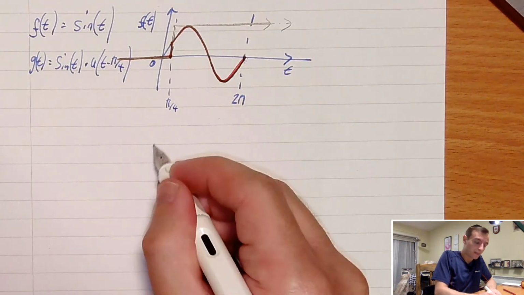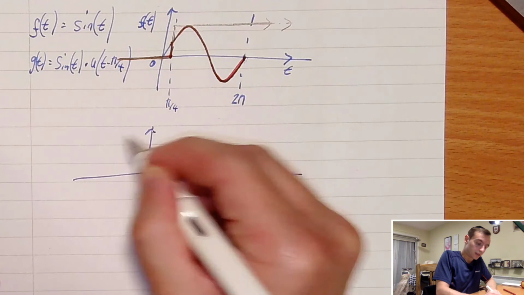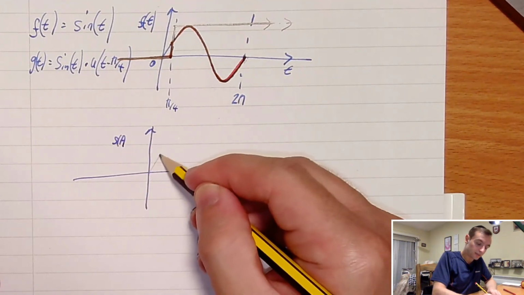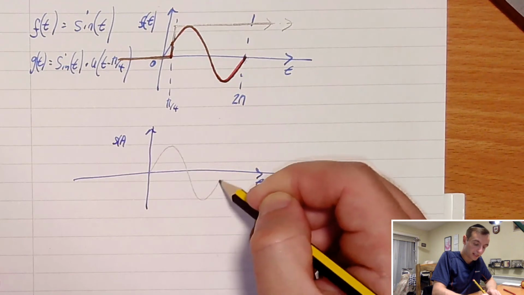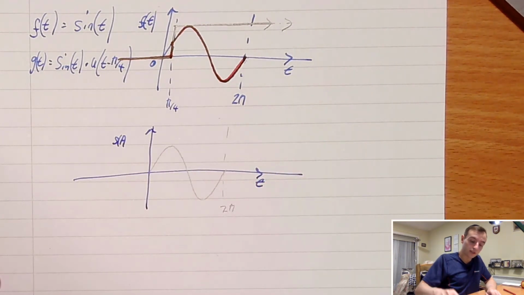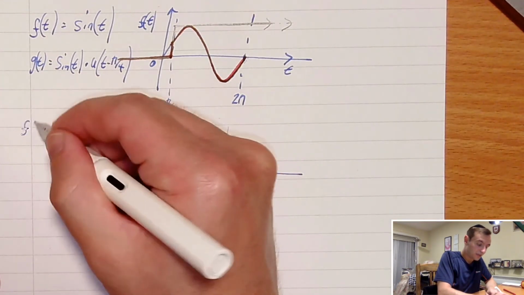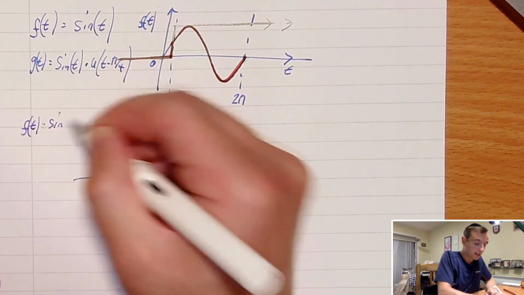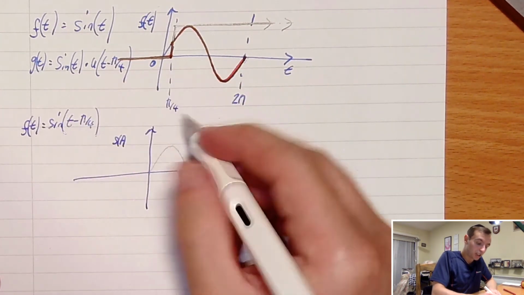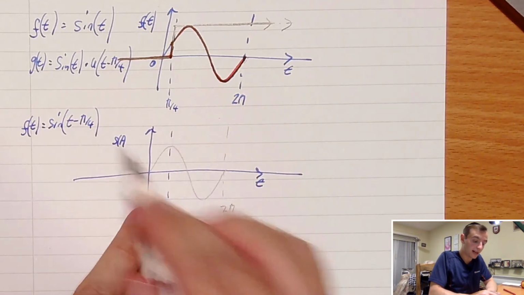So we know f(t), we know that sin t is going to look something like this. So if we have f(t) = sin(t − pi/4), that's going to be shifted to the right by pi on 4 units.